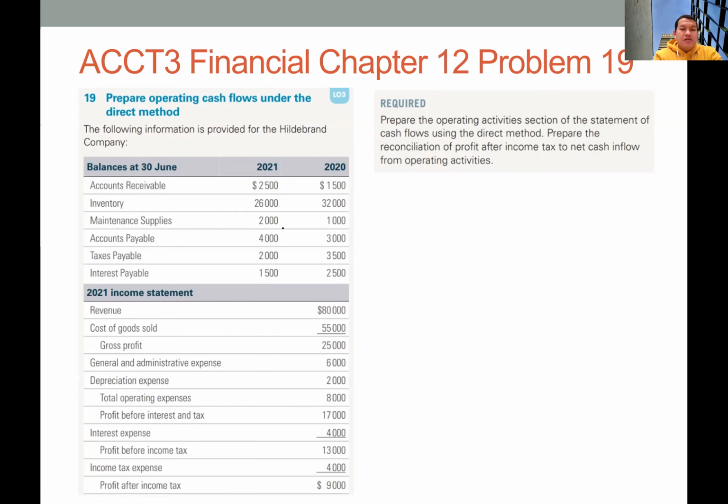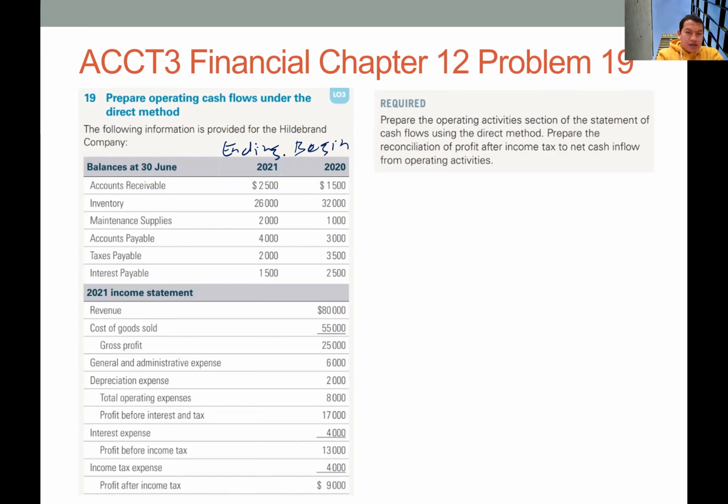So if we have 2021 and 2020, it means this balance is at the end of the accounting year of 2021. Okay, so this one should be the ending balance, and this one should be the beginning balance, because the ending balance of 2020 is the beginning balance of 2021.